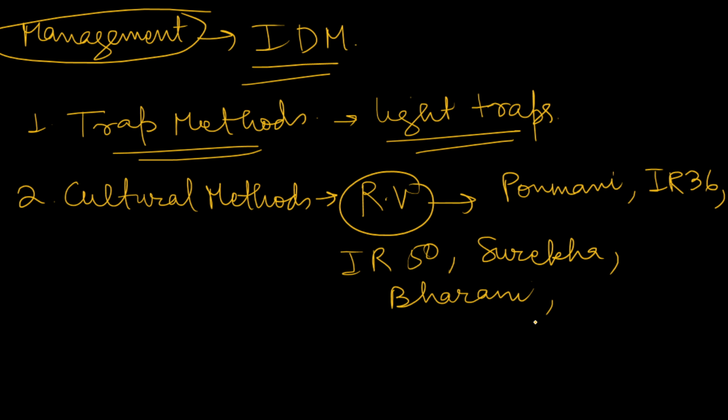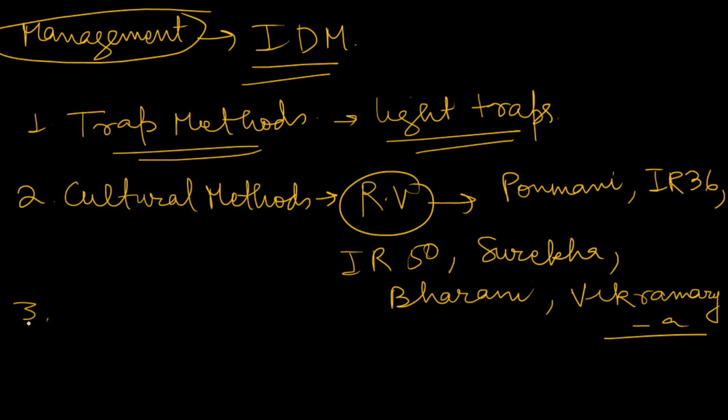We have another, Bikram Arya. So these are some of the varieties which are not affected by Tungro disease, that is, they are resistant to Tungro disease. So that we can do.